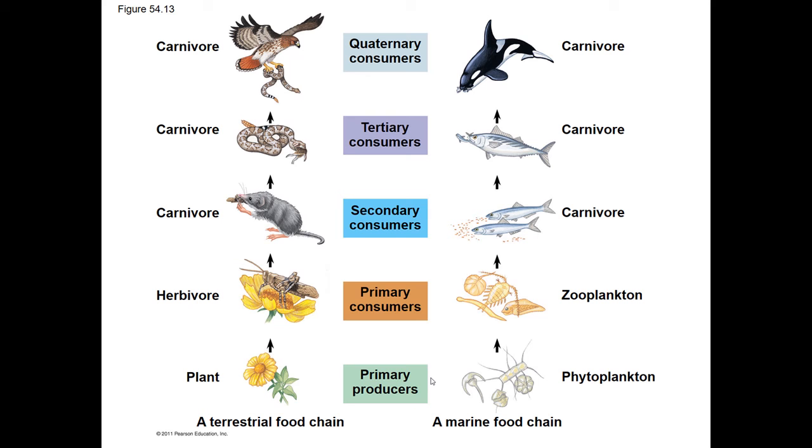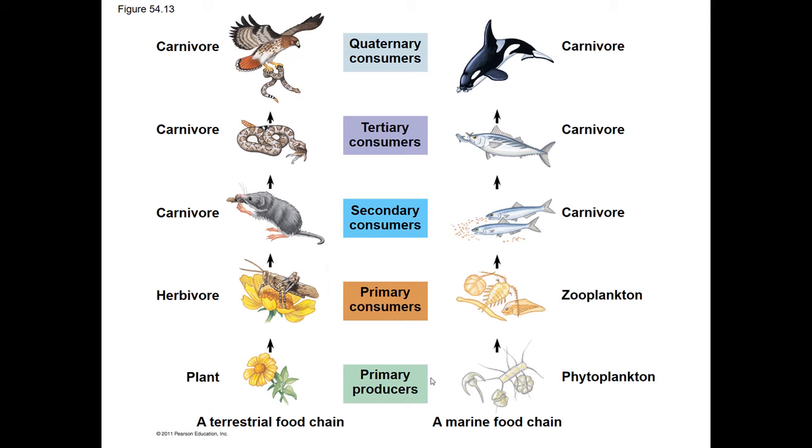So we're talking about something like a plant that's capable of taking energy from the sun into an organic energy source such as sugar, that can be used by other organisms.